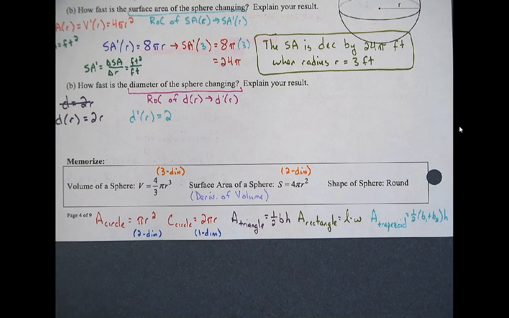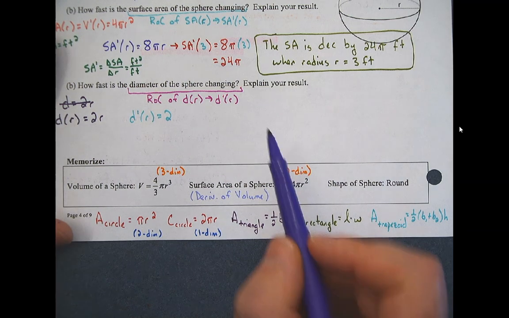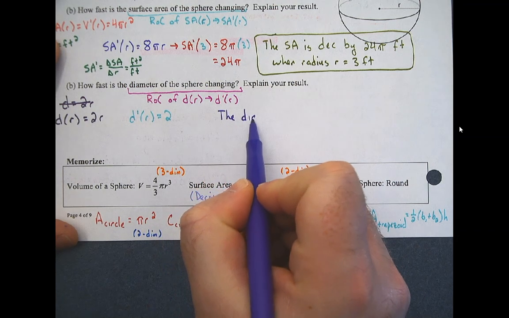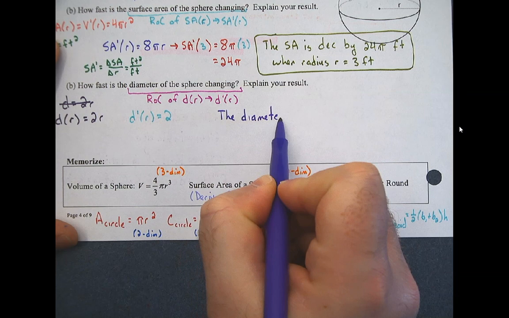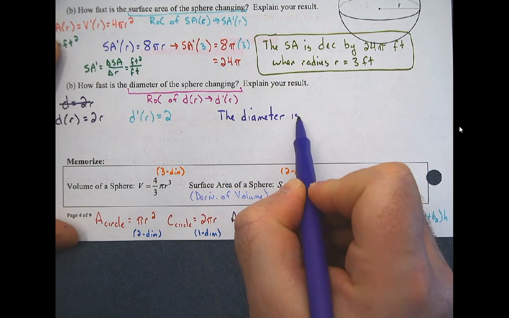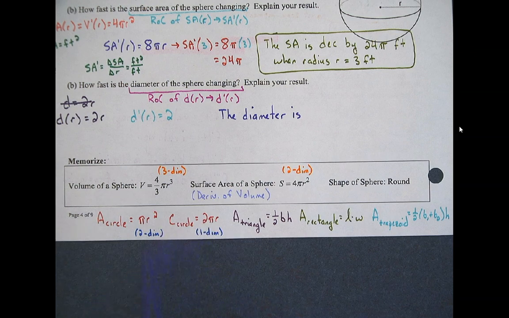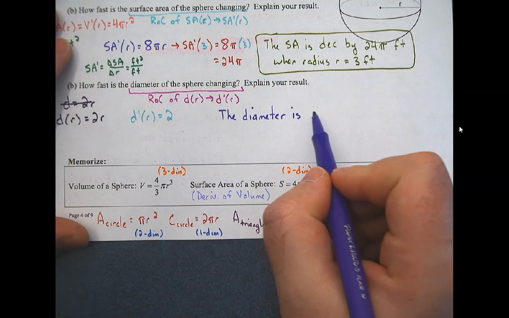Now we have to do our little write-up again. The diameter is, again, think it through. If the radius is decreasing, then the diameter is decreasing. That makes sense.